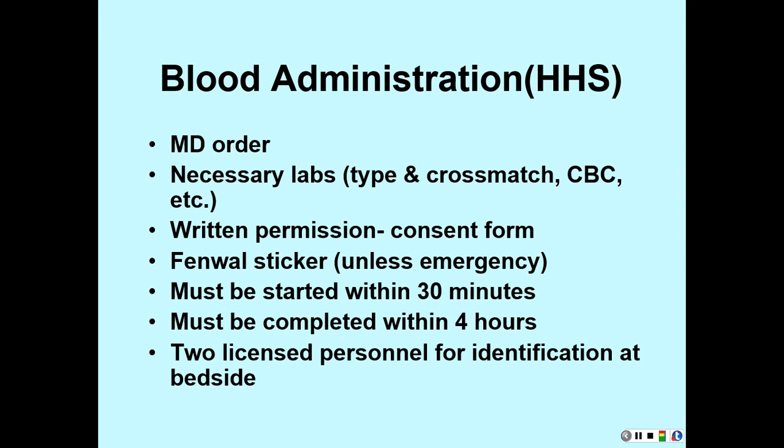And then they've got to take that and check it with the same type of blood that they have in the blood bank to see what is compatible. That's cross-matching. All right, so a type and cross-match has to be done. I'm sure you're going to have a CBC of some sort, a pretty recent one. Otherwise, you don't know if you need blood, right?